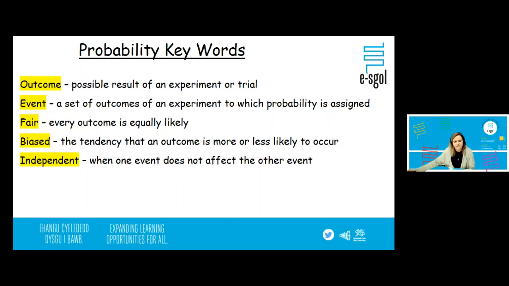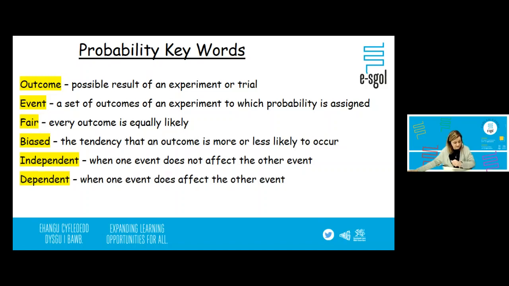Then you get keywords such as independent. That is where one event does not affect the other. So if you flip a coin and you get a head or a tail the first time, the next time you flip it, what's happened before doesn't affect what happens again. So the next coin flip is independent of what's happened before.